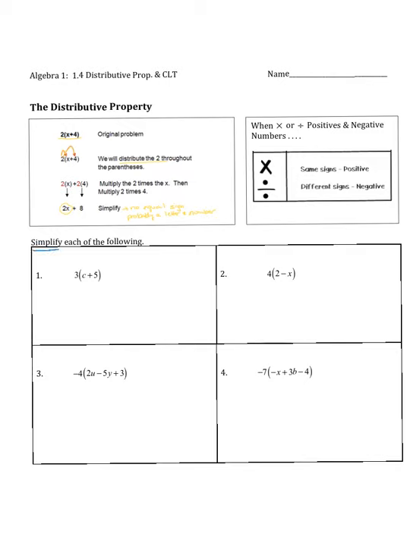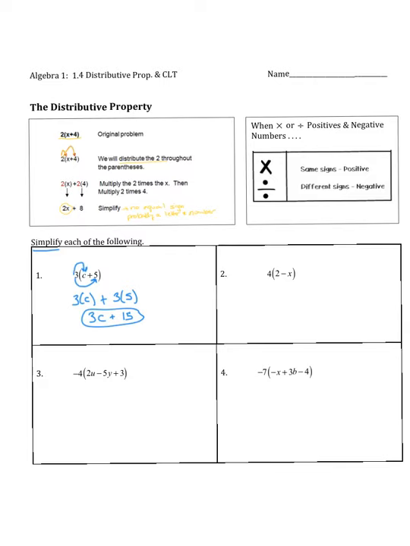You have 3 times the c and 3 times the 5. So that's 3 times c plus, because there's a positive sign, 3 times 5. That's 3c plus 15. That's all you can do. You cannot add them together.